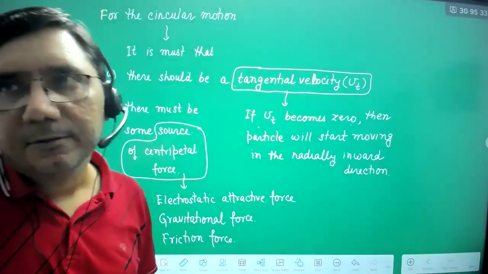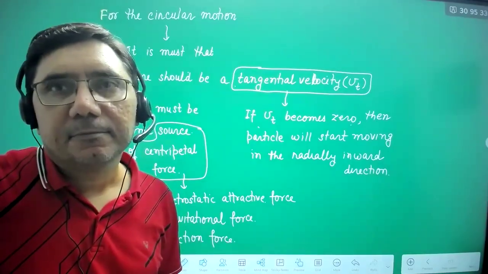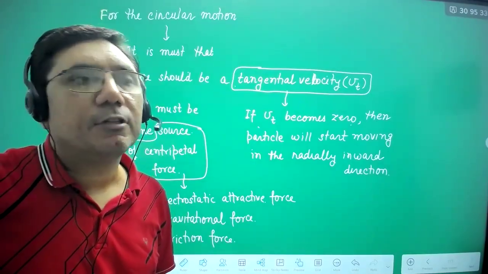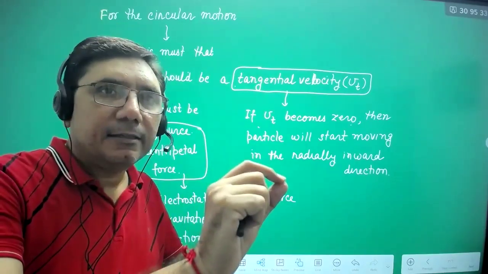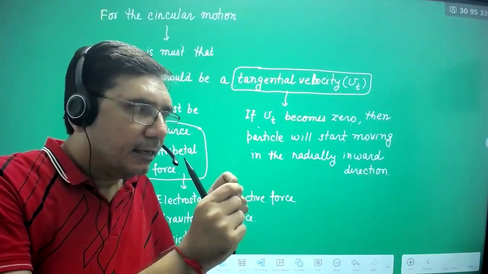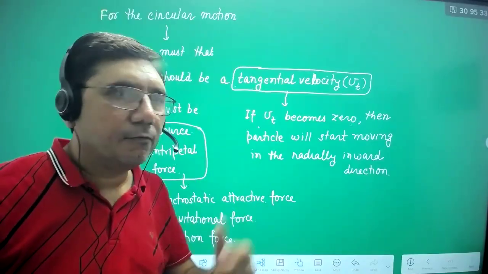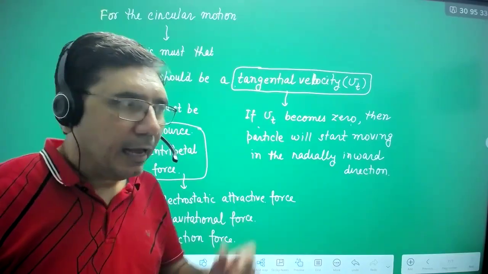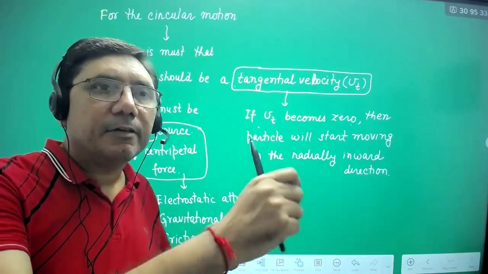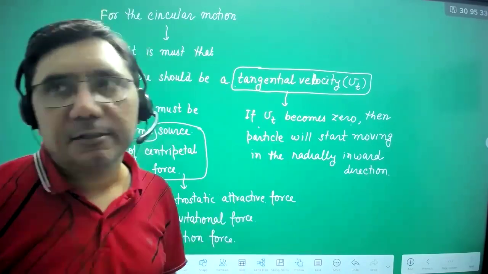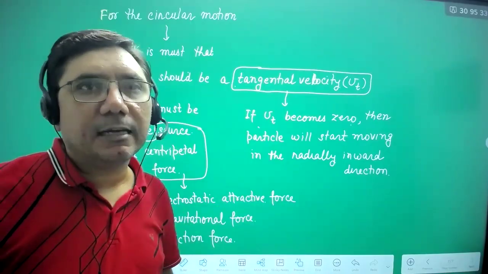Suppose, for example, electrons are revolving around the nucleus. Between the nucleus and the electron, there is an electrostatic attractive force acting. You call it Coulomb force or electrostatic force. As compared to this force, the gravitational force acting between electron and nucleus will be negligible.